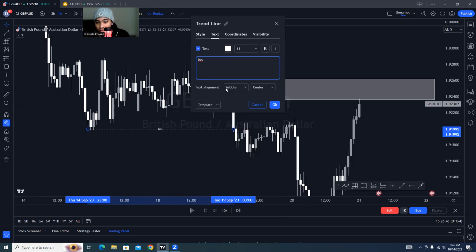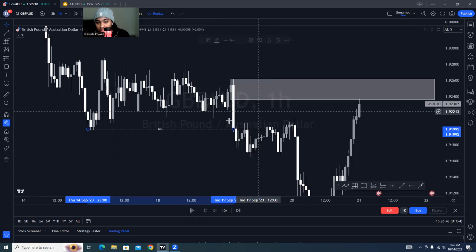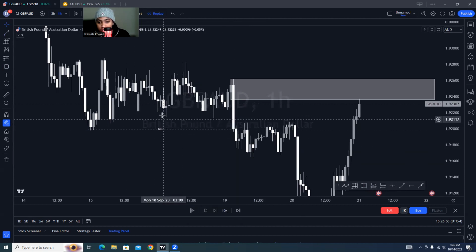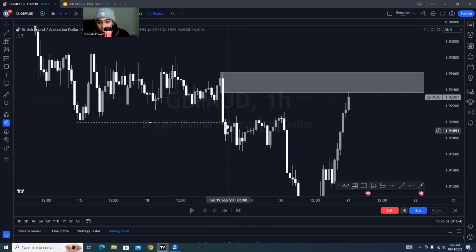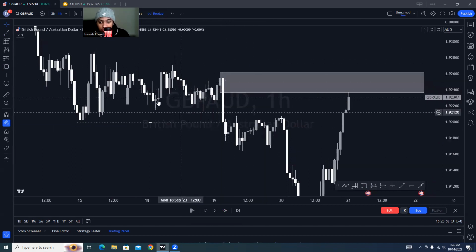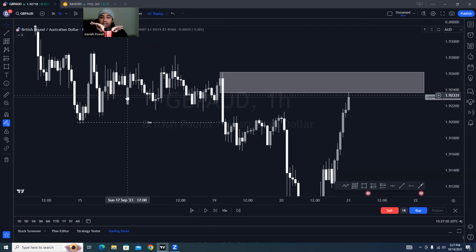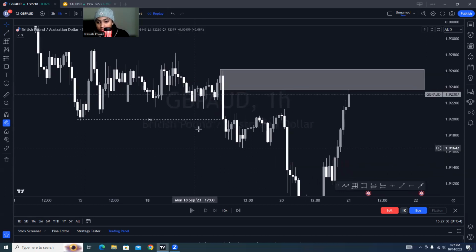Put this in the middle, in the center. So we had BOS, break of structure, going to the downside. If a supply is created with break of structure, that makes the supply even better. If there is no break of structure, then it is not a supply. It's invalid. So you need to have your break of structure.